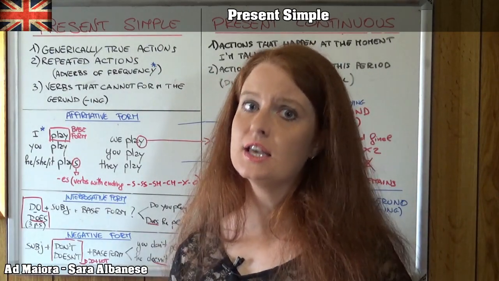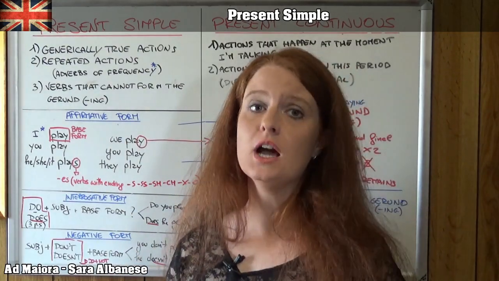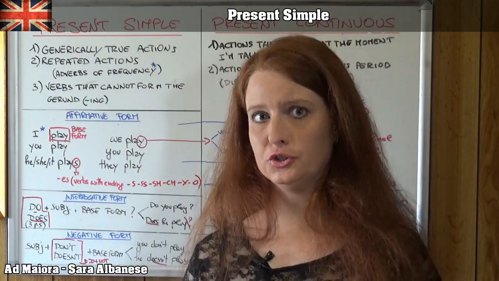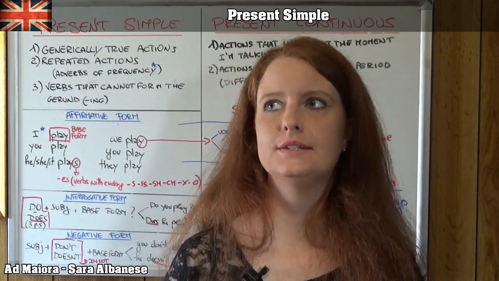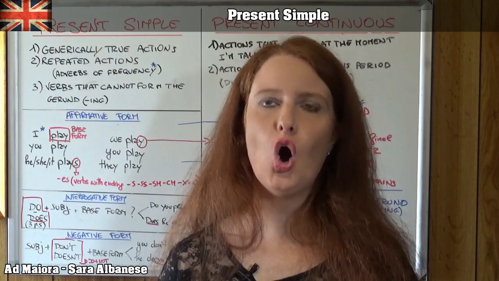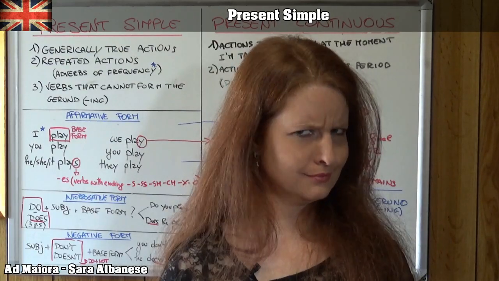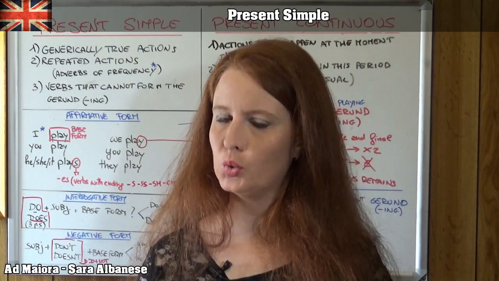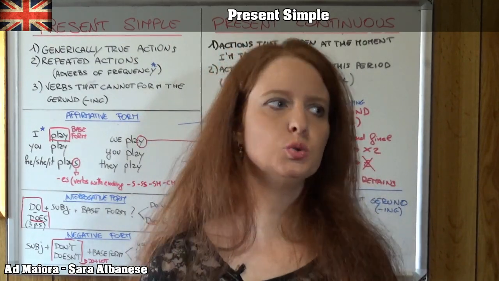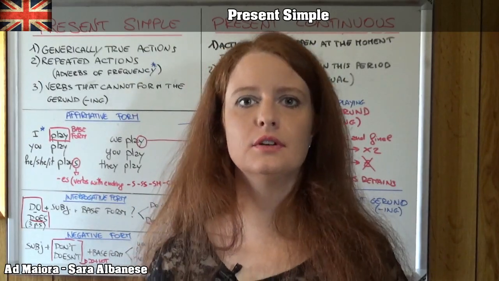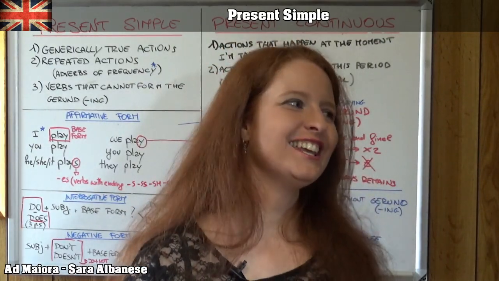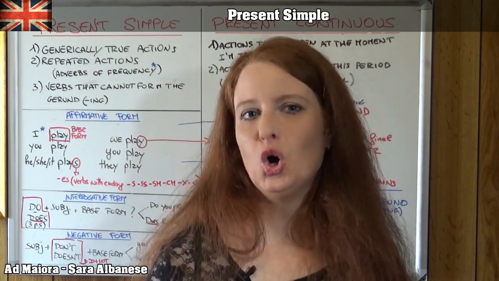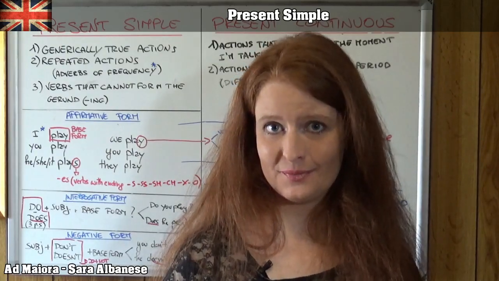In this case, the adverbs of frequency aren't put between the subject and the verb, but after the verb to be. For example, I won't say I always am happy. I will say rather I am always happy. You are always hungry. She is always late. Now I used always, but I could use any adverb of frequency.